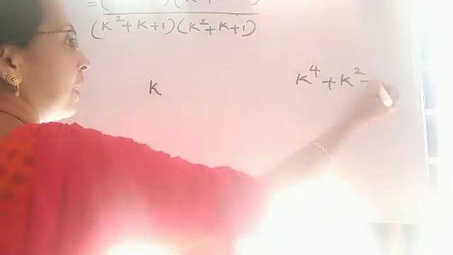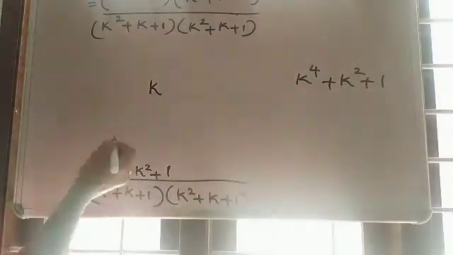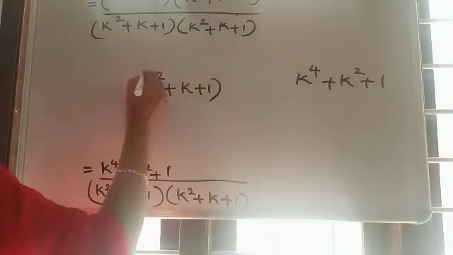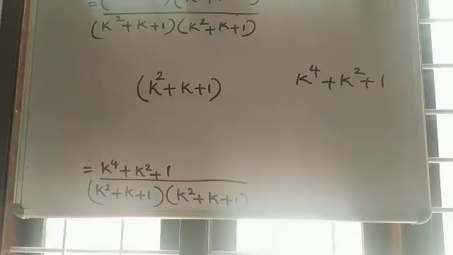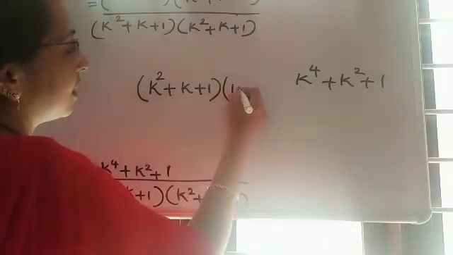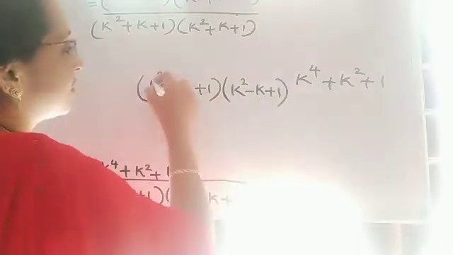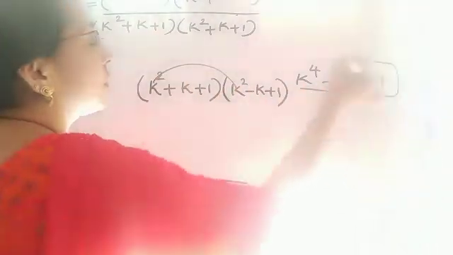Okay, we have K square plus K plus 1. If we are multiplying this K raised to 2 plus K plus 1 by what? K raised to 2 minus K plus 1. Just check it. K raised to 2 minus K plus 1. If we change the bracket, you will get this one or not. Check it.